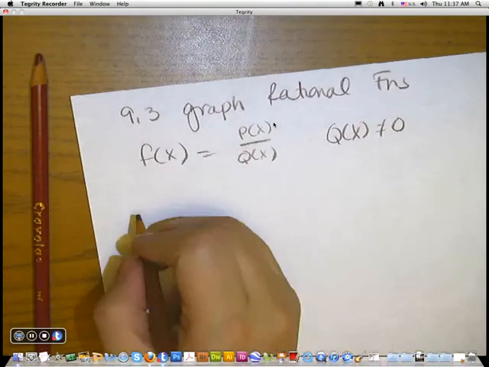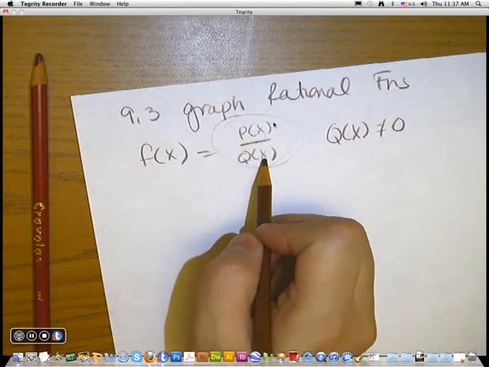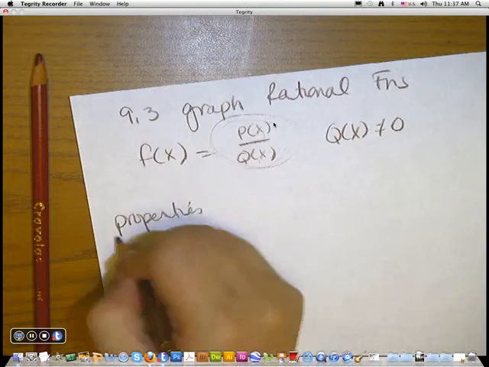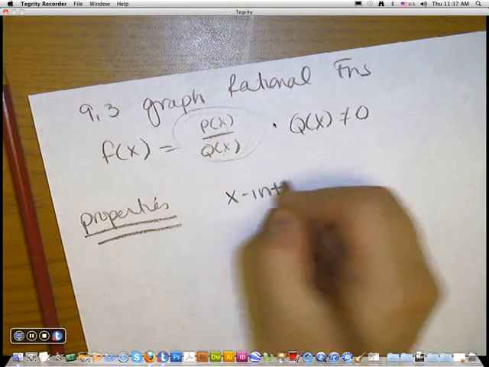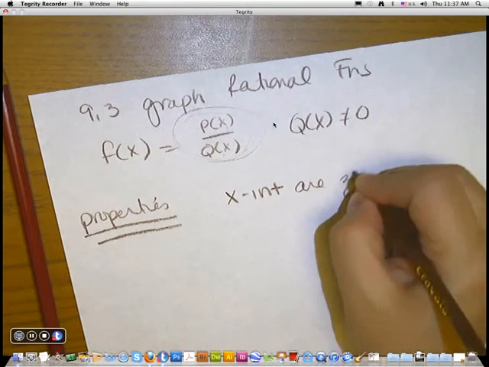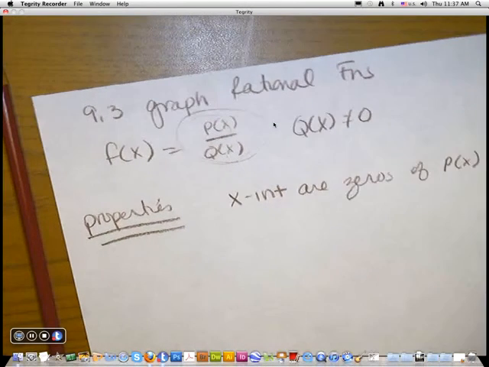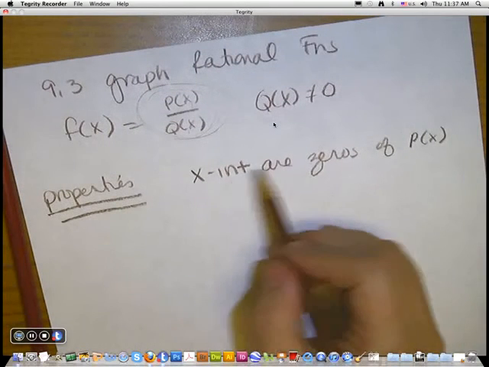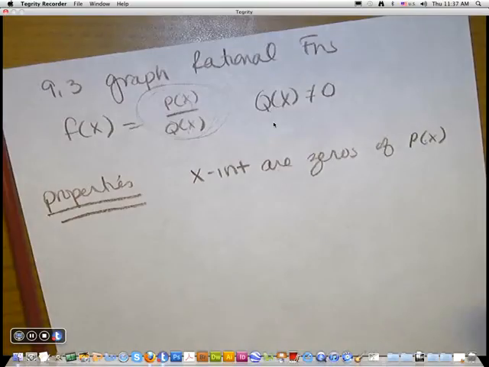All right, when we talk about our rational functions, so a fraction of functions, the properties: the x-intercepts are the zeros of the numerator. In this case, we're going to keep using P of X and Q of X as our examples. The x-intercepts are the zeros of P of X. Zeros means you set it equal to 0 and solve it and find it.